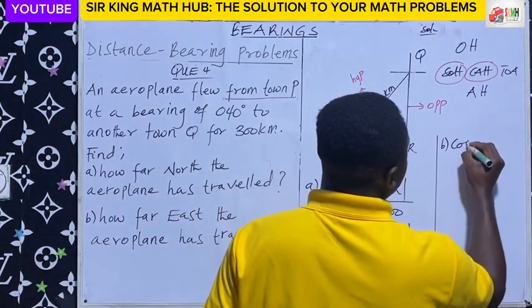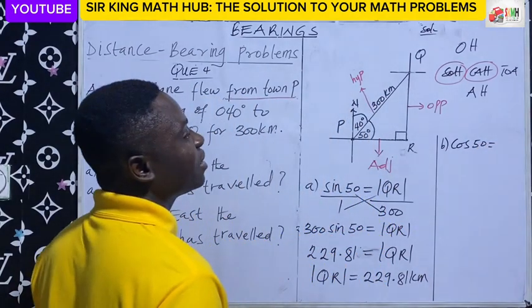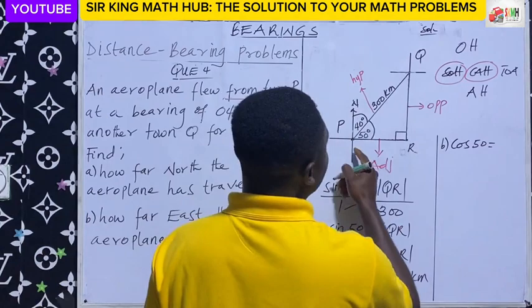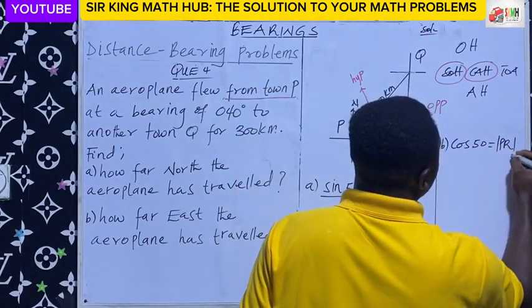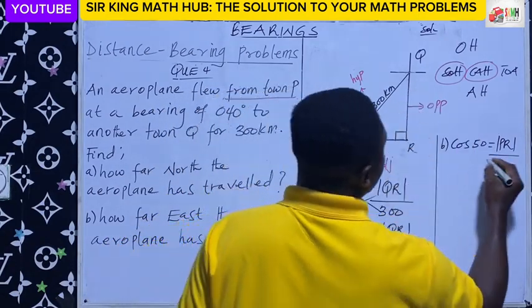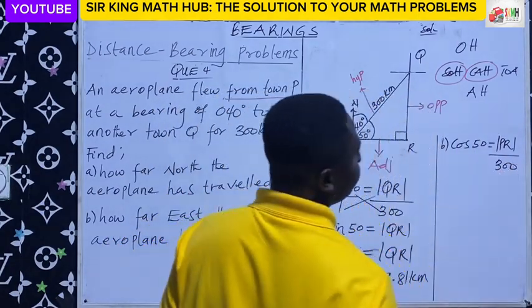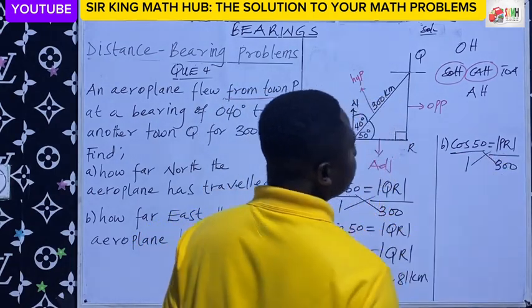CAH says that the cos of this angle is equal to the length of the adjacent, which I'm naming PR, divided by the length of the hypotenuse, which is 300 kilometers. So cos 50 is the same as cos 50 over 1. You do the cross multiplication.